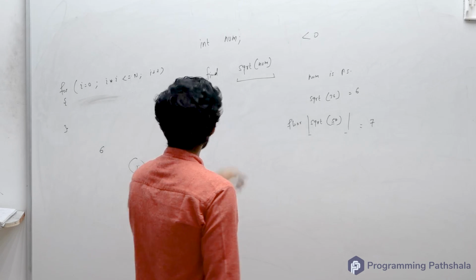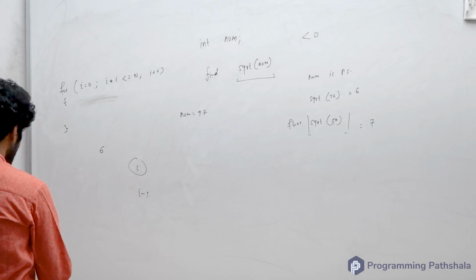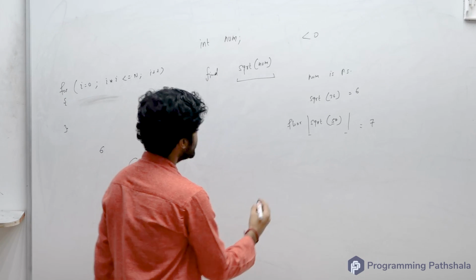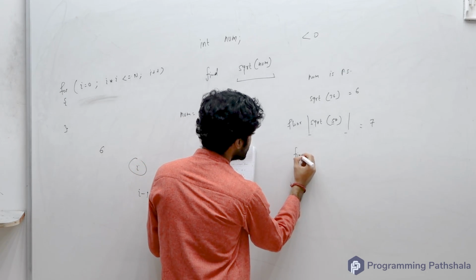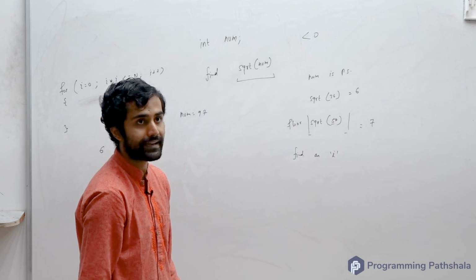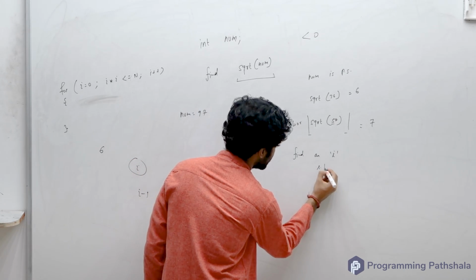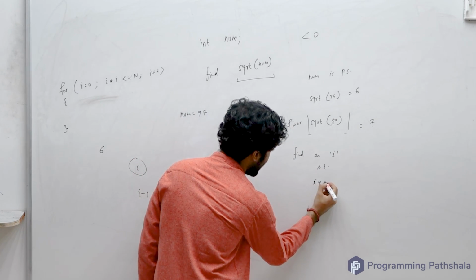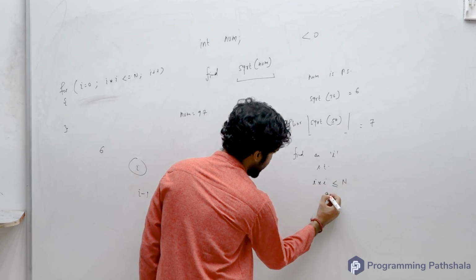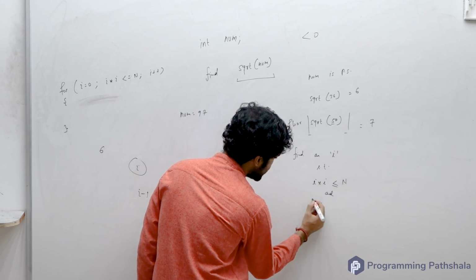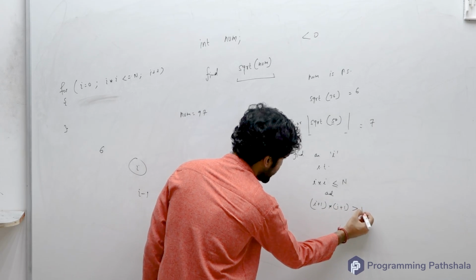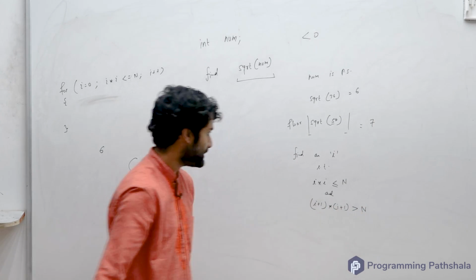So guys, see, if you try to understand, technically this question says that it wants you to find an I, such that I into I must be smaller than or equals to n, and I plus 1 into I plus 1 must be strictly greater than n.